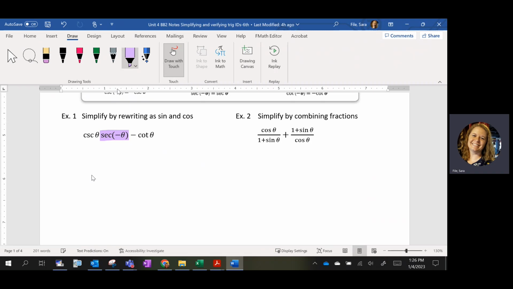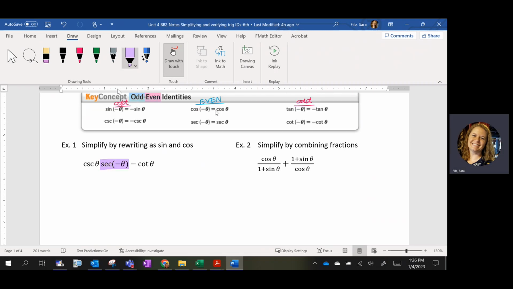That stands out to me because there's a negative input. So I'm going to look at my odd and even functions and ask myself, okay, is secant odd or even? It really doesn't matter if you know what it's called, but you'll be able to look at this and say, oh, well, secant of negative theta, that's the same thing as secant of theta. So it's going to make my life easier to rewrite that just as secant of theta and get rid of the negative.